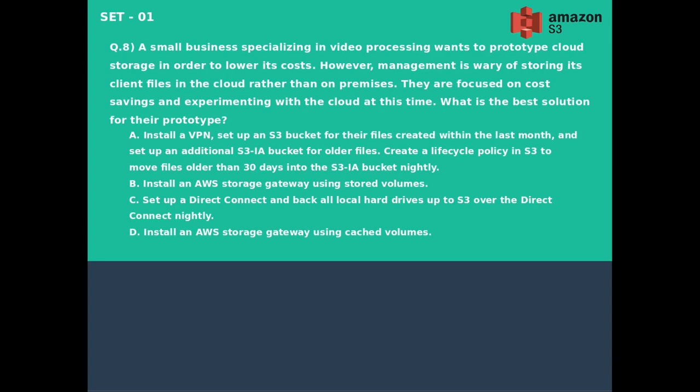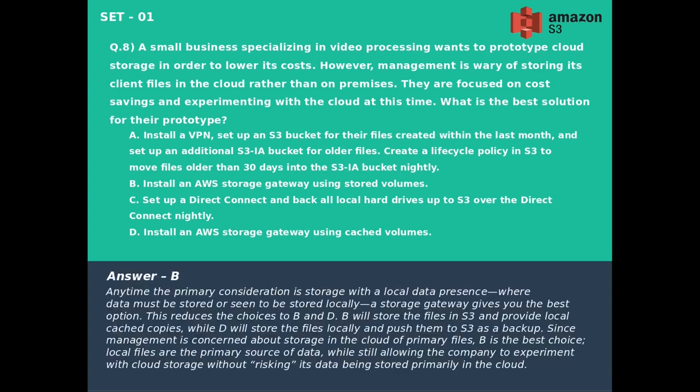B: install an AWS storage gateway using stored volumes. C: set up a Direct Connect and back all local hard drives up to S3 over the Direct Connect nightly. D: install an AWS storage gateway using cached volumes. Answer is option B.